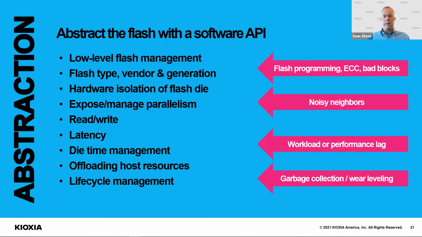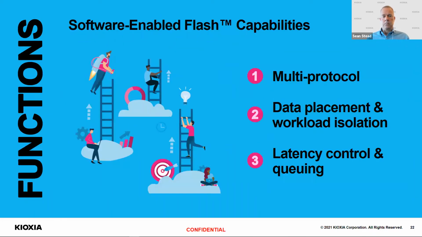And you can manage and modify latency outcomes depending on what your priorities are. You can offload host resources to drive efficiency of the host systems. And also lifecycle management, including garbage collection and wear leveling without any surprise IO impacts, like with database compaction. And we'll share a little bit more of that as we're coming up in today's webinar as well.